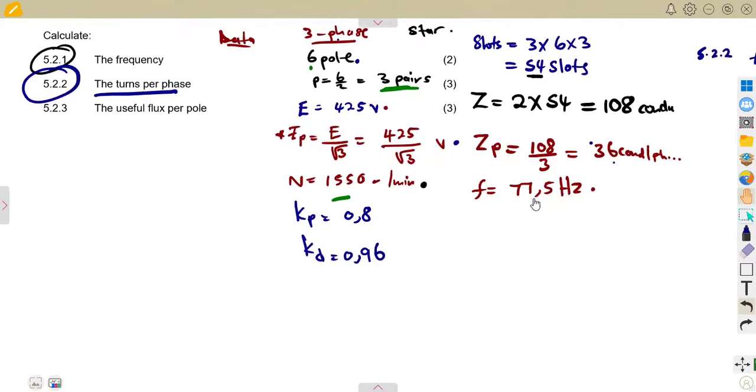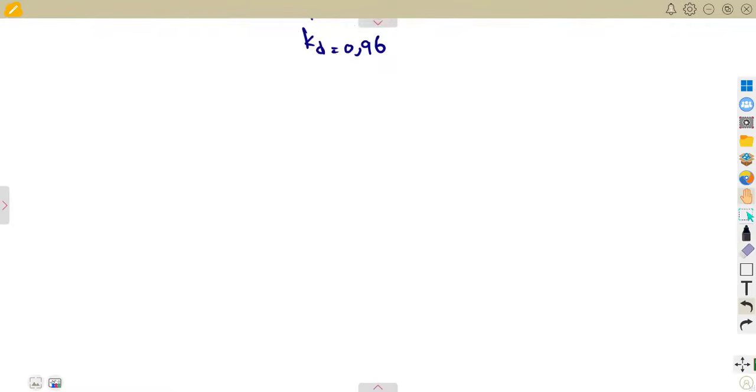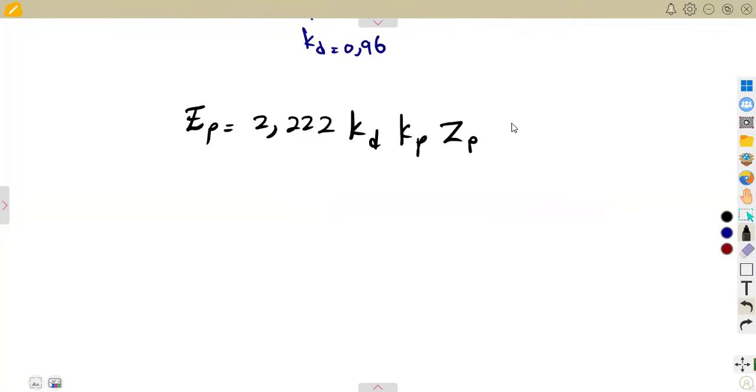Then the useful flux per pole. If you check this question, we are now back to the generated EMF, the one that we had before. Remember, from our generated EMF, I said EP, which is the phase, is equal to 2,22 times KD times KP, Z per phase, then we've got the useful flux and the frequency.